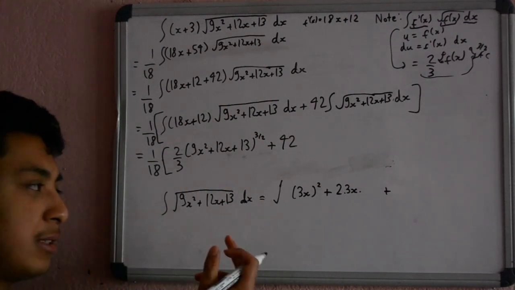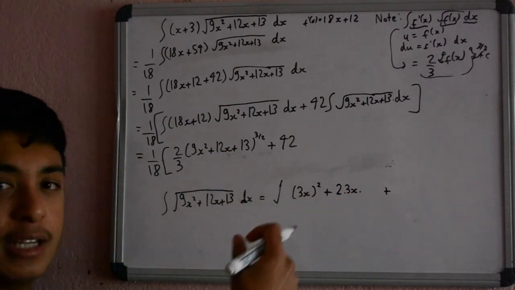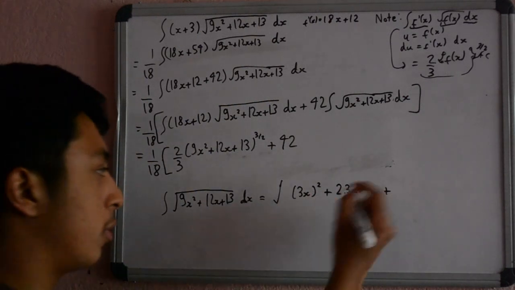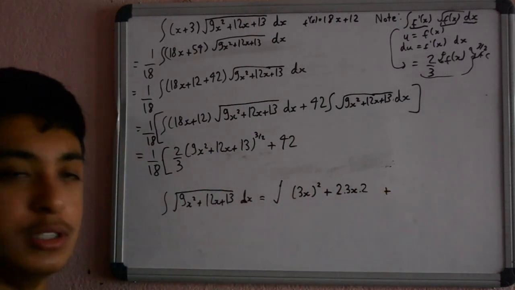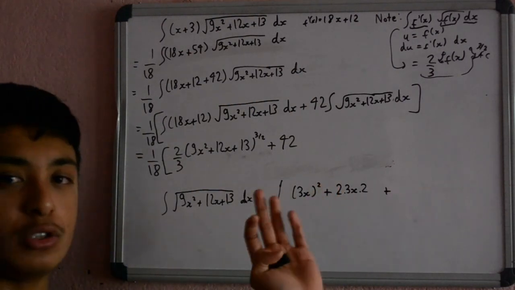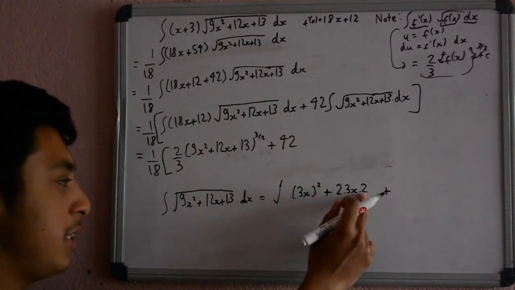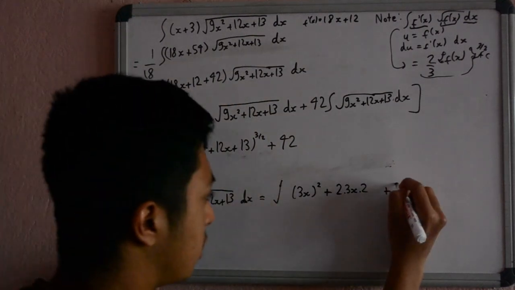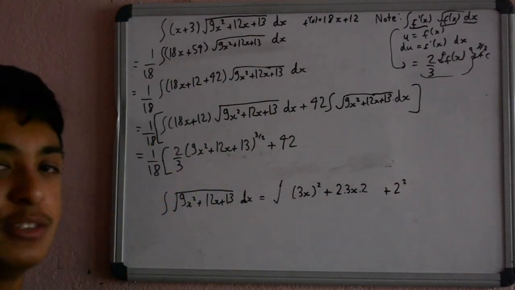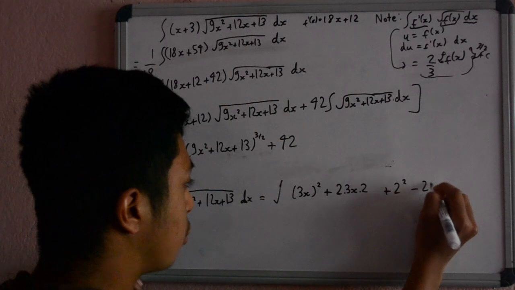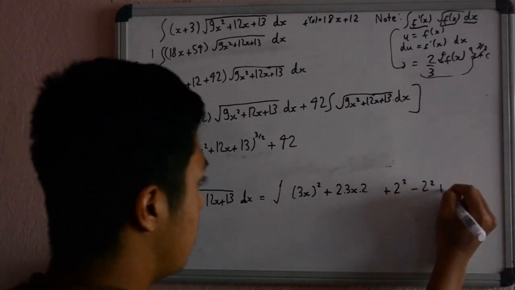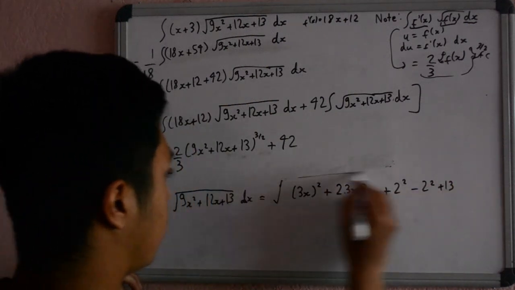Well, we have 12x, and right here we have 6x. So we're just missing 2, right? We're just missing 6 into 2, which is 12. That means we have our 2ab, 2 into a into b, so our b is 2, so we're just requiring 2 squared, and since we added 2 squared, we have to subtract 2 squared plus 13.